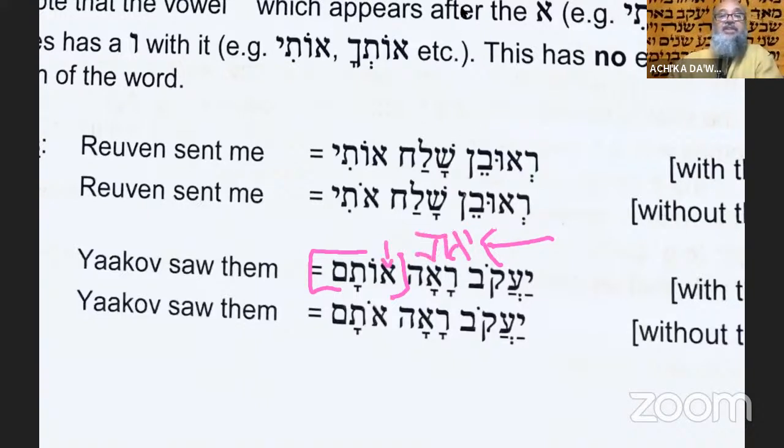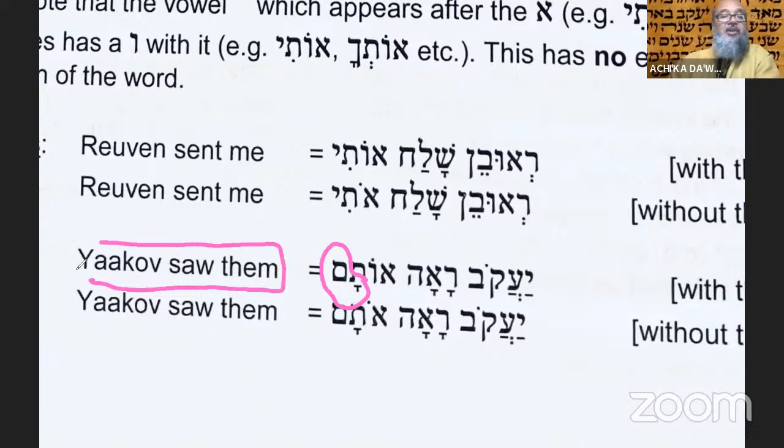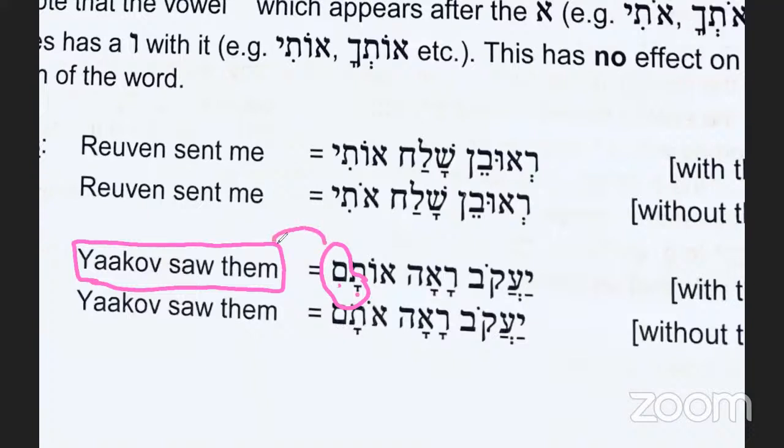That's your arrow. That's your direct object marker. Okay. What is this part that I'm circling right here? Out of this sentence, what represents this mark? Them.